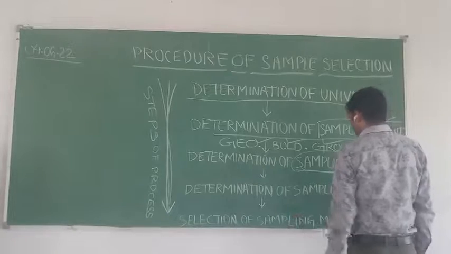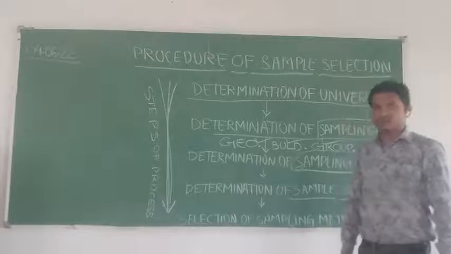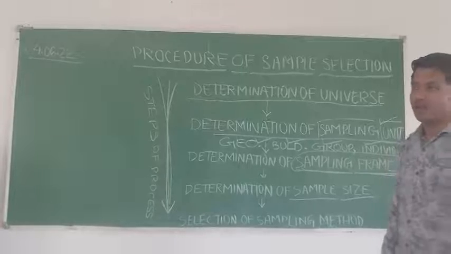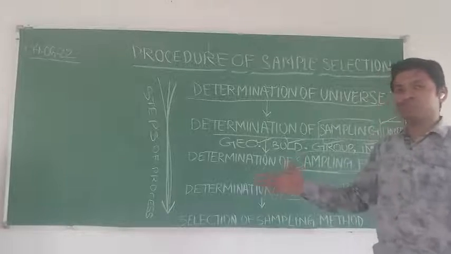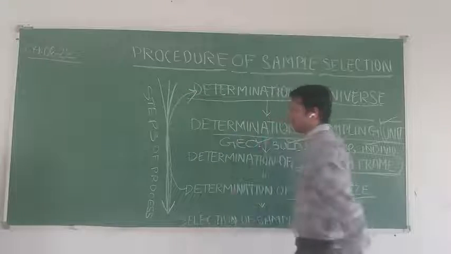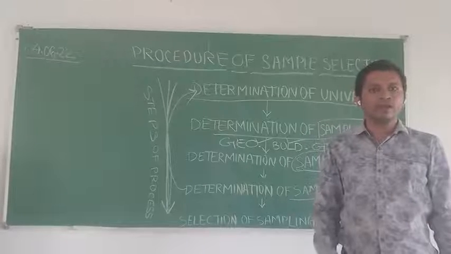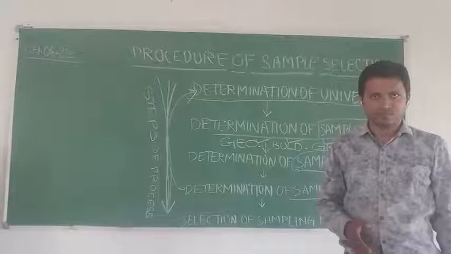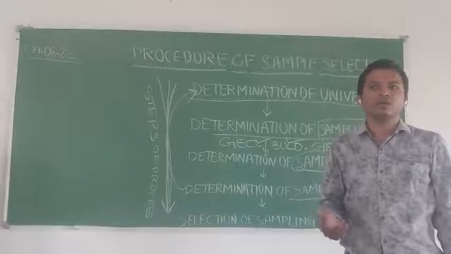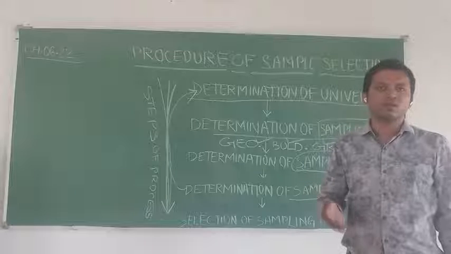In the next step, we have to determine the sample size. Our sample size, the number of respondents, should be in appropriate proportion to the universe. It is directly connected to the universe, so the right representation should be there. If we have 1,000 people as the universe, our sample size must be at least 25 to 30%.